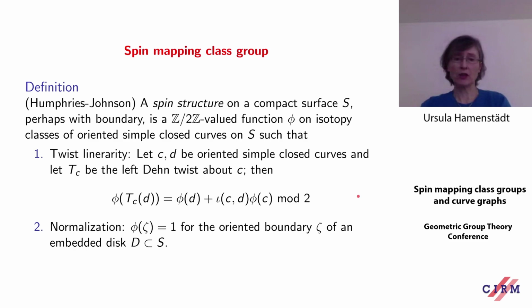There's a normalization. We require that phi of theta is equal to 1 for the oriented boundary theta of an embedded disk in S. This is consistent with the definition that I gave before of a spin structure, because if you take an embedded disk, the boundary is of course homotopically trivial, but we can identify this boundary with a fiber of the unit tangent bundle over the midpoint of the disk by just taking, for example, the exponential map with respect to any given metric.